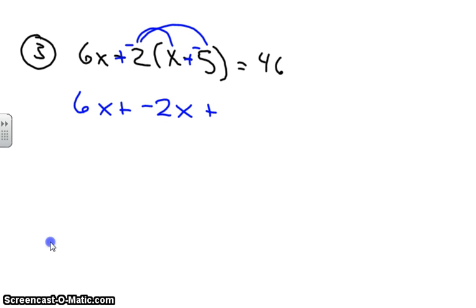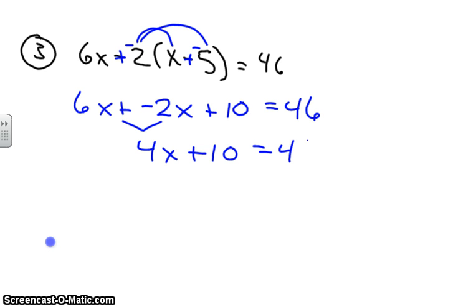And negative 2 times negative 5 is positive 10. Okay, we're ready to combine like terms, right? 6x plus negative 2x. And two-step problem. Subtract 10.